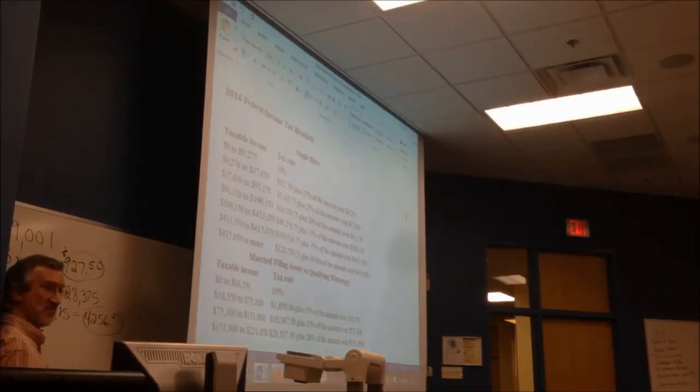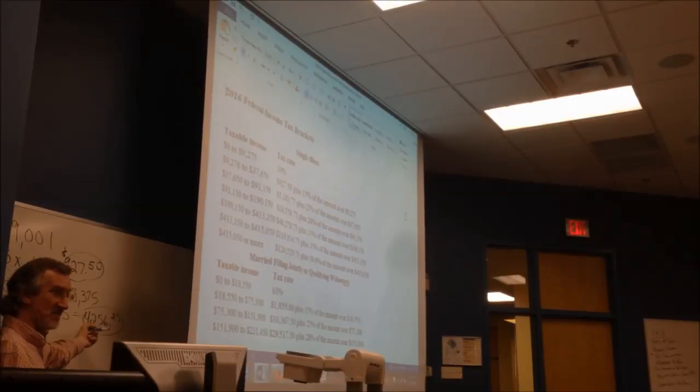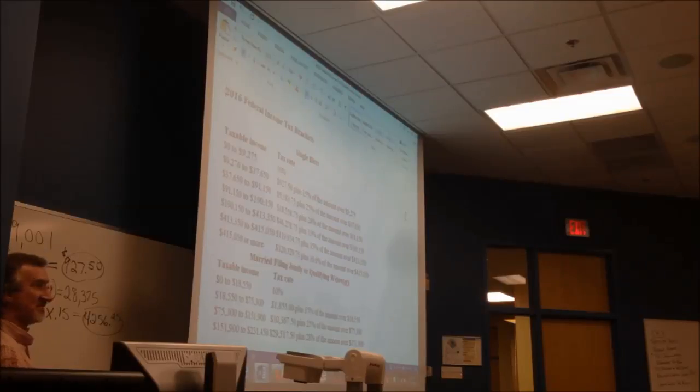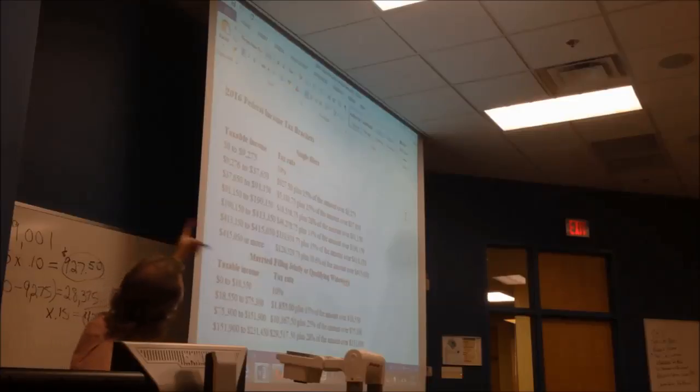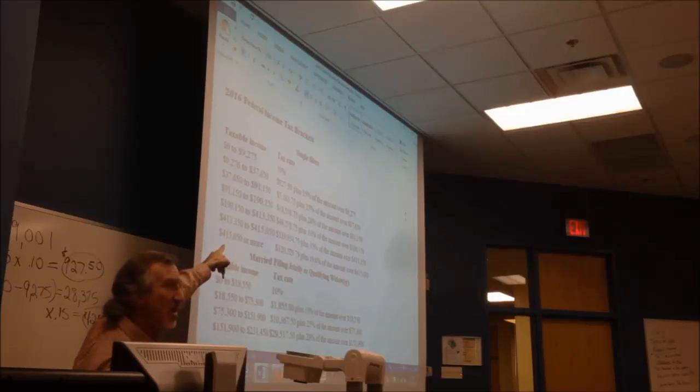Everybody's taxed on this money, if they went above $37,650, $4,256.25. But they have more than the $37,650, the max for that bracket. So we've got to find the difference, but they're not into the next bracket because it goes all the way to 91.